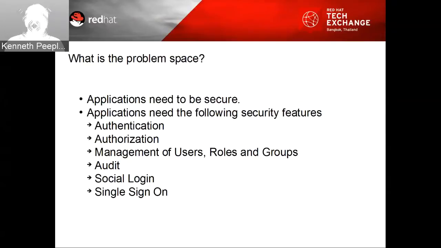We want to be able to have a single sign-on with a username and password instead of having to enter a new username and password for each application. Of course, we need that single sign-on to be secure, so we need to utilize tokens in order to do that in most cases.